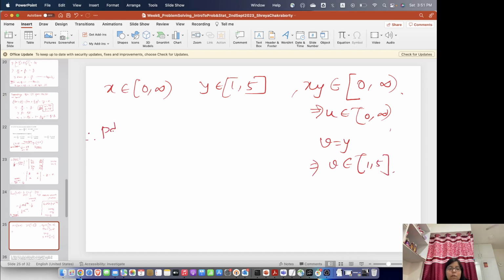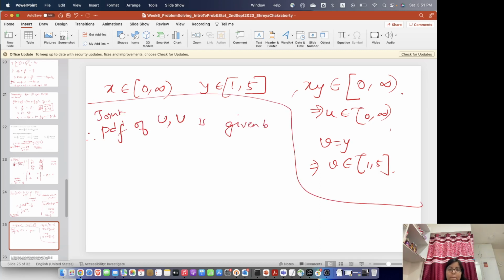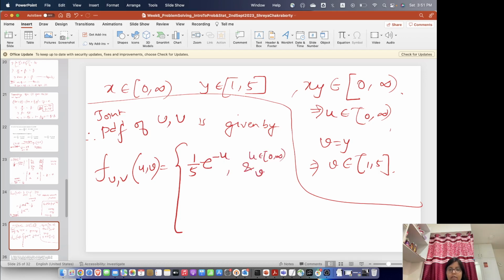So therefore the joint PDF of u and v is given by f of uv, u comma v equals 1 by 5 e to the power minus u when u belongs to 0 to infinity and v belongs to closed 1 comma 5, and 0 otherwise.